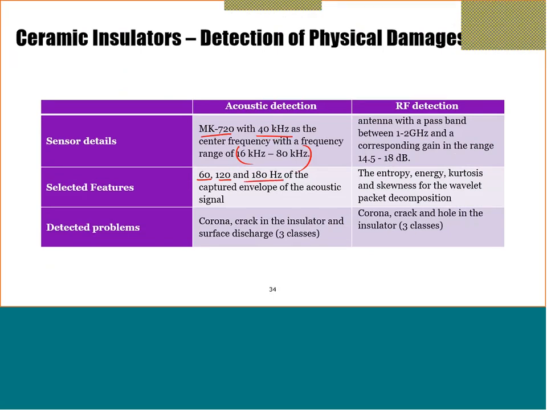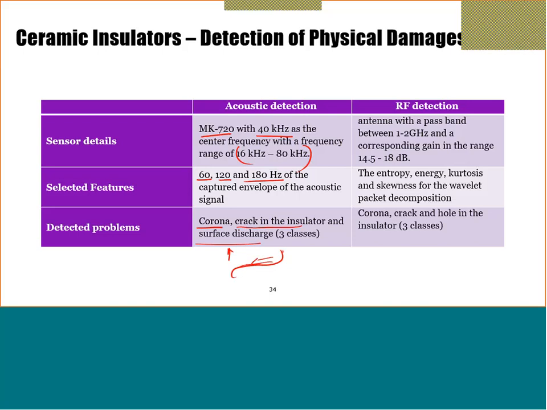And the problems we want to detect are corona, cracks in the insulator, and surface discharge due to pollution, meaning dry band arcing. There's no time to go through this, but if I have the insulators and we have pollution here, we'll start to have an arc on the surface of the insulator.